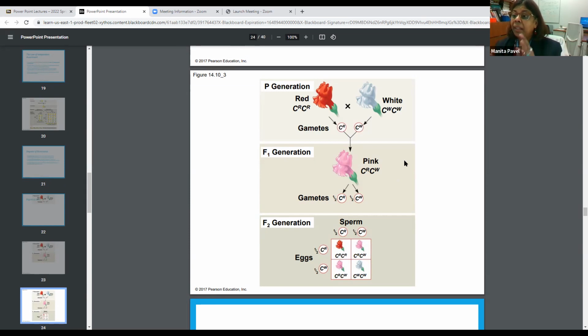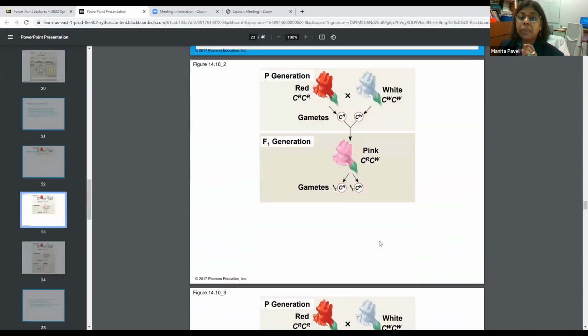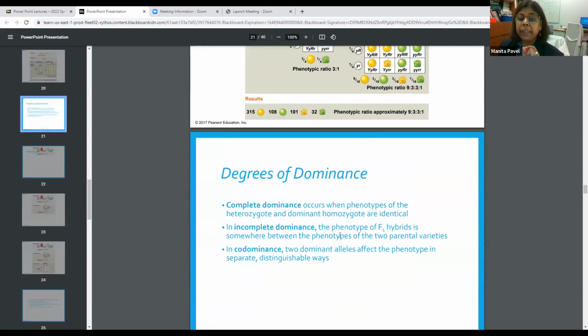Therefore, red is not completely dominant over white, but the heterozygote, which is pink, lies in between that of the dominant and the recessive trait. And so you get one homozygous dominant red with two heterozygotes, which are pink, with one completely recessive white flower. So you got red, white, and pink flowers. So this was the law of incomplete dominance.